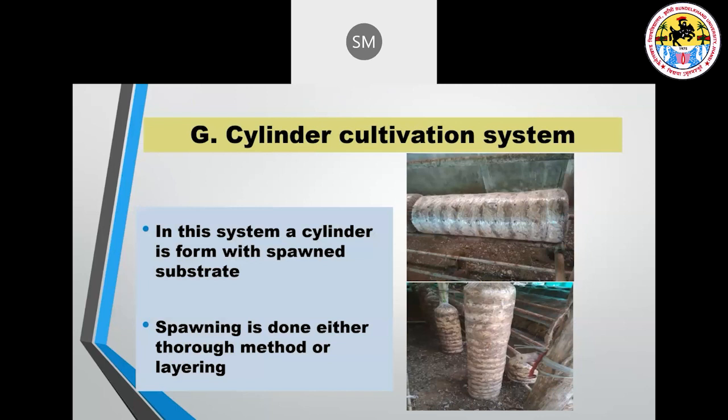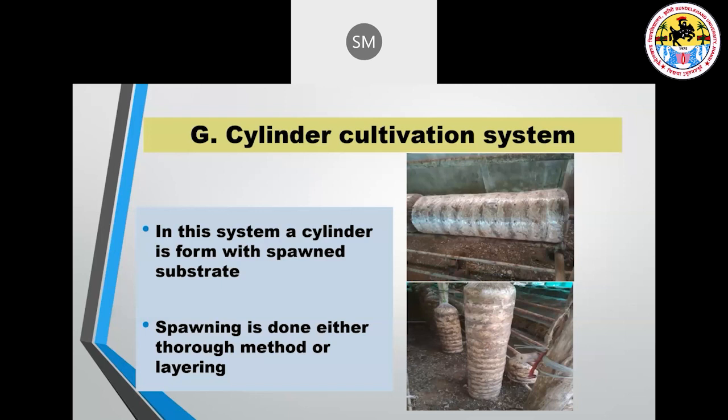The cylinder cultivation system is also applied in some states of India, but I personally feel that in this system the spawn requirement is increased because we are putting the spawn in layers.